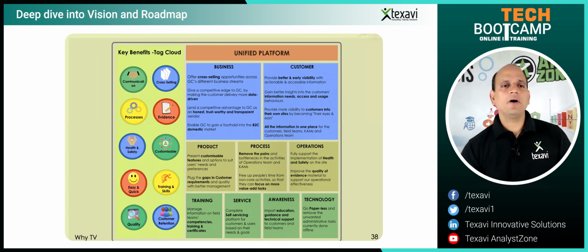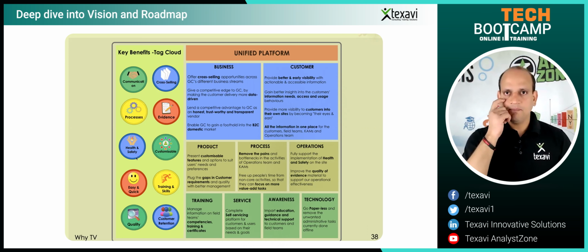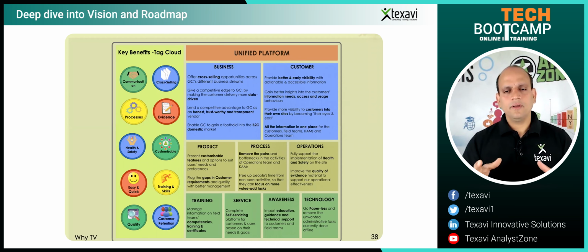So you talk about the high level things: better communication, cross-selling, better processes, evidence being captured and shown in a better way. Health and safety, you're talking about the field teams and their certifications. For example, some people are not supposed to work on the cranes or operate the diggers because they didn't have the certification.